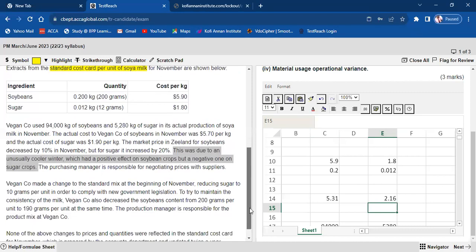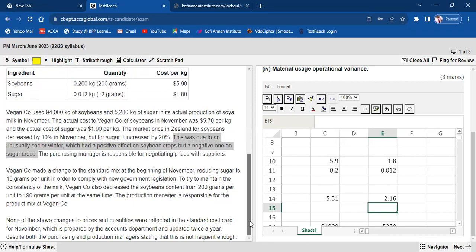The story continues. Veganco made a change to the standard mix at the beginning of November, reducing sugar to 10 grams per unit in order to comply with new government legislation. Now, complying with new government legislation is outside the control of our managers. When the government brings in a new law, everybody must obey.